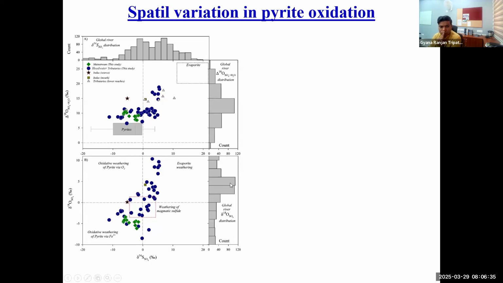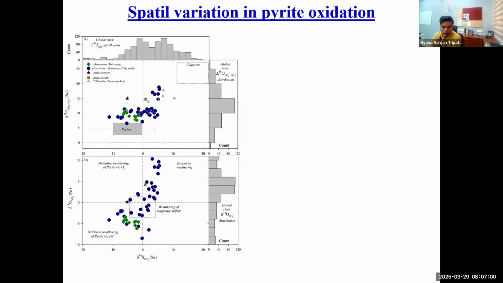If you plot them, and also the difference of delta 18O sulfate and delta 18O water, here the water is actually, because you have the groundwater, delta 18O often mimics the average annual delta 18O value of rainwater.